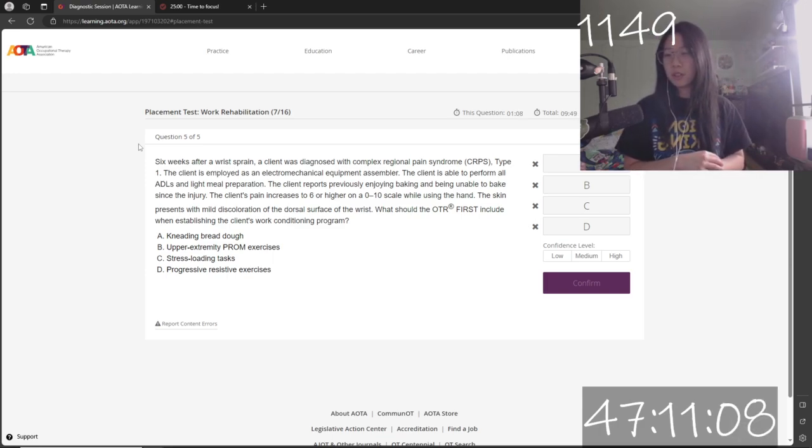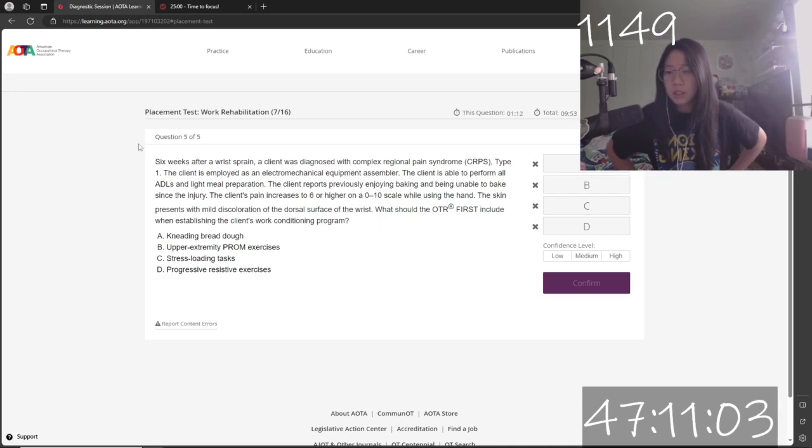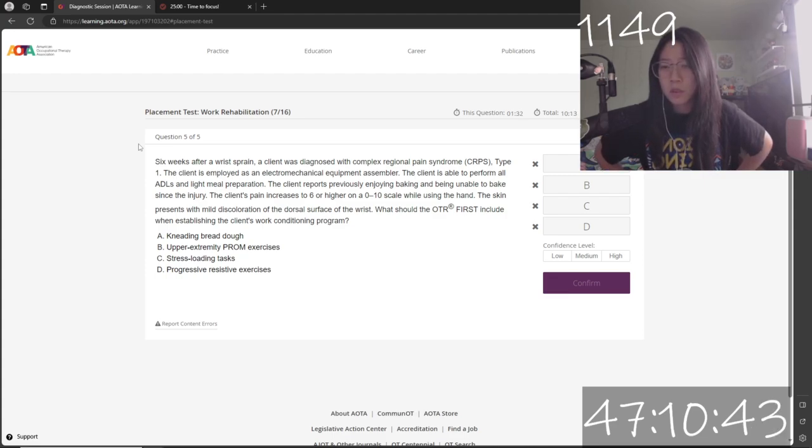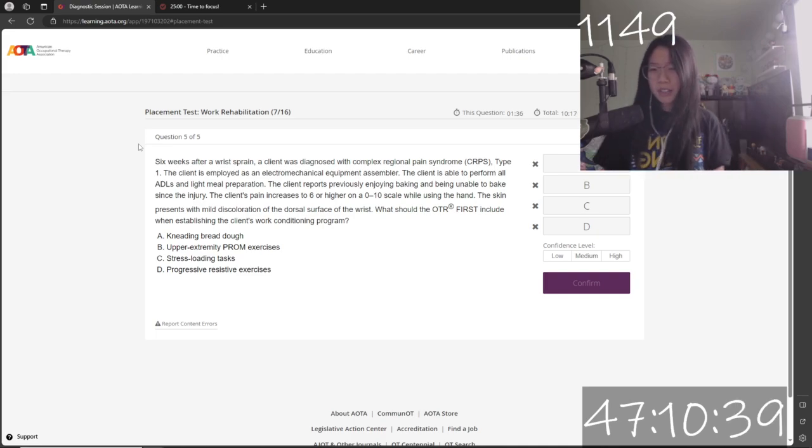What? No. Wait, what do we want here? We want a work conditioning program. Pain increases to a 6 or higher. Should he really be working with a pain of 6 or higher?